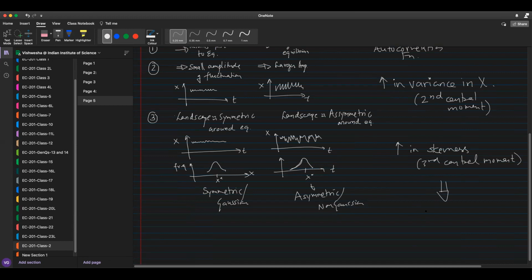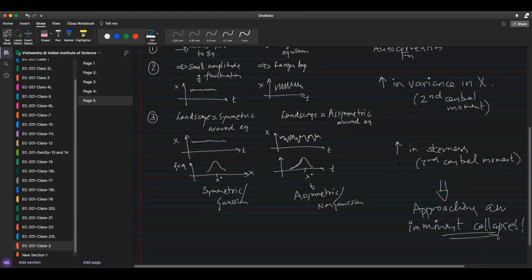You can observe that you're actually approaching an imminent collapse. Okay, so that's a possible application of these fairly simple ideas that we have discussed in the class.